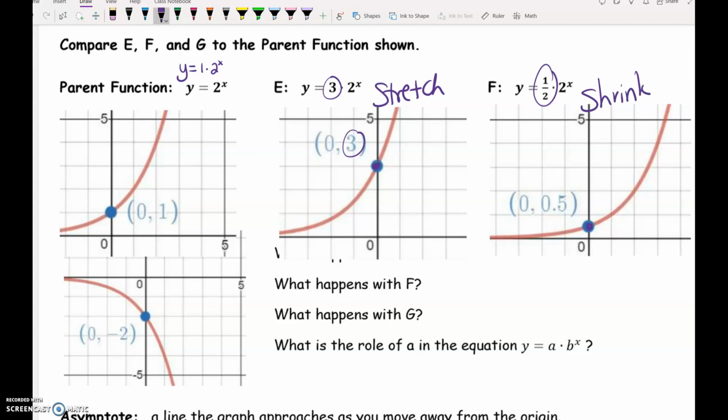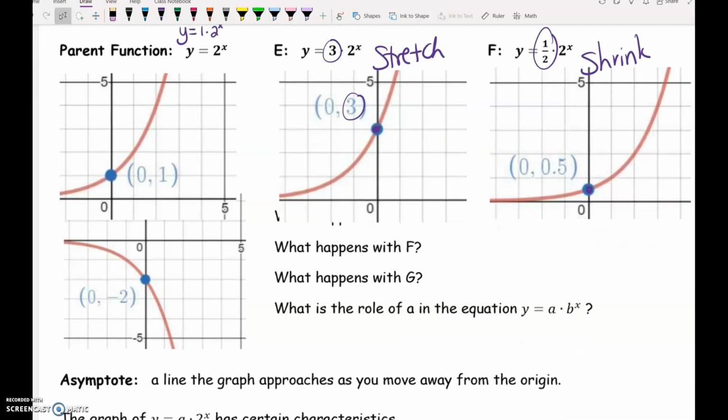And, oh, looks like I didn't get this formatted very well when I redid the notes. This one is y equals -2 times 2 to the x. The negative is going to flip the graph over the x-axis, and that -2 tells us where it crosses the y-axis.